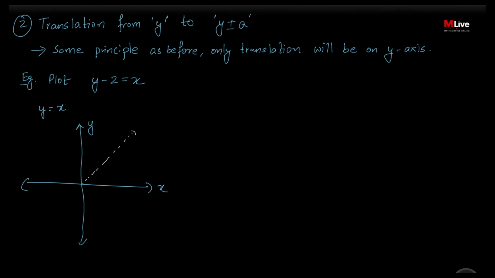Now capital Y will become 0 wherever y minus 2 becomes 0. So where does my origin shift to now? The origin will be moving upwards. So it will be moving from 0 comma 0 to 0 comma 2.